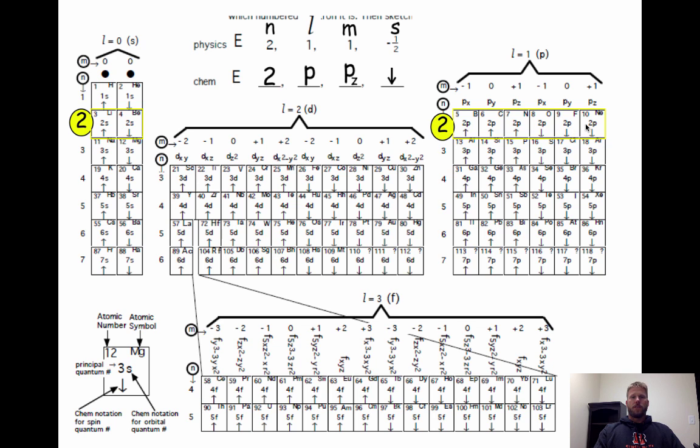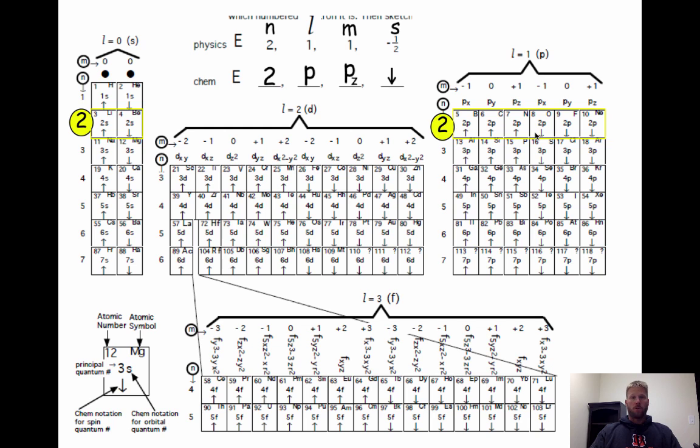I think of the L quantum number as what block you live on, or what street you live on. Look, we have 4 blocks: an S block, a P block, a D block, and an F block. Well, this electron so far lives in town number 2 on the P block. Now we can get more specific and find out what townhouse it lives in. Each townhouse has 2 living units, an upstairs and a downstairs.